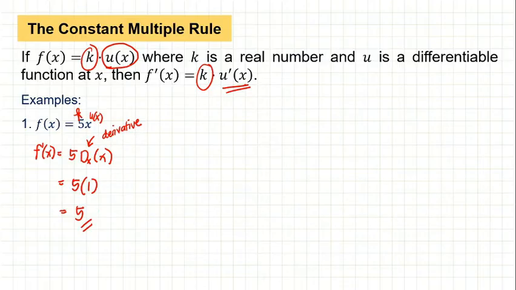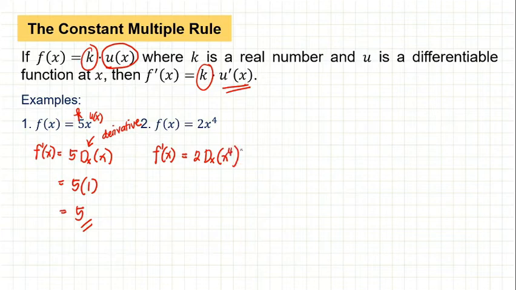Okay? Now, let's have number 2. We have f of x equal to 2x to the power of 4. So, applying the constant multiple rule, we will have f prime of x equal to, you will copy your numerical coefficient, which is 2. Then, take the derivative of x to the power of 4. So, this is your k. This is your u of x. Okay?